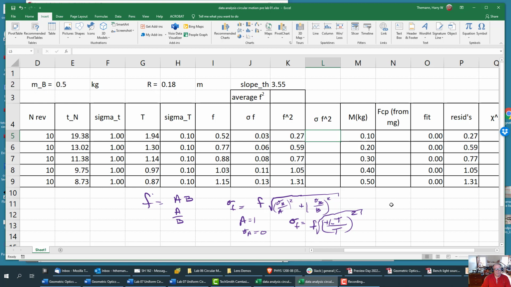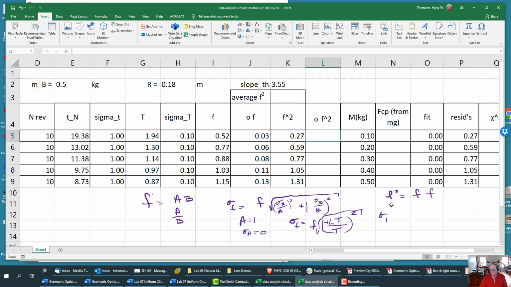Now, the plus minus, we use yet again this f equals a times b. And in this case, our f squared is equal to f times f. That's pretty straightforward.